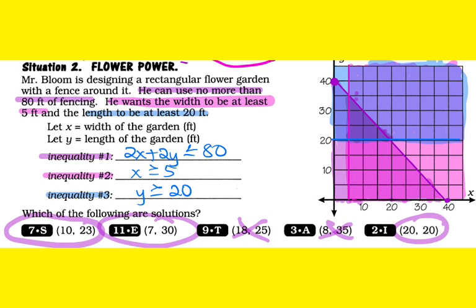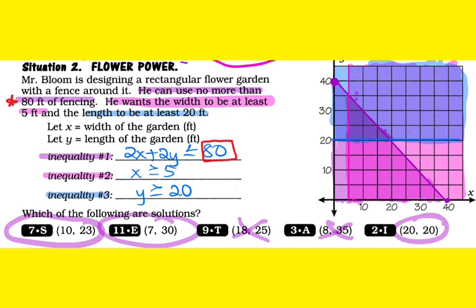Okay, let's look at our situation 2, flower power. This required 3 inequalities because we have one inequality that is going to be talking about how much fencing, the limitations of his fencing, right? So he cannot use more than 80 feet of fencing.